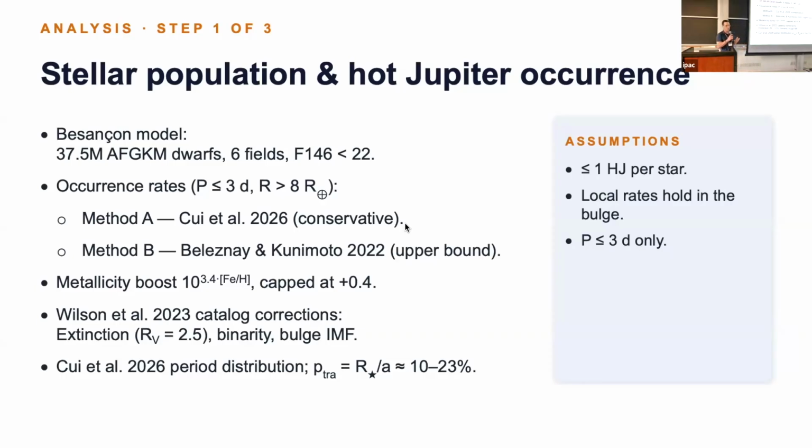And we inject 2 independent occurrence rates of hot Jupiters from these papers, and we call them method A and method B. One is more conservative, one is less, just to have 2 different estimates. We do assume a metallicity boost, given the expected metallicity increase in the galactic bulge, and we assume the corrections from Robbie's 2023 paper.